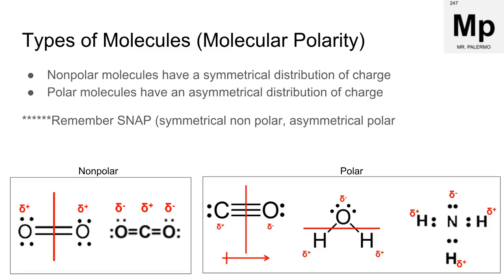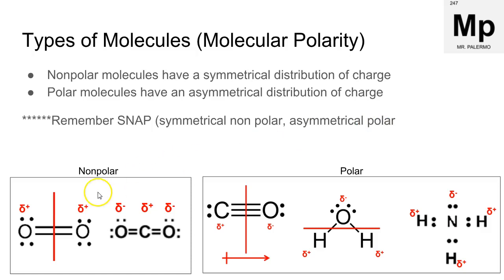So we just talked about bond polarity, the polarity of the bond between atoms, as in the case here. Now we're going to look at molecular polarity, which is the polarity of the entire molecule, and that focuses on symmetry. Nonpolar molecules have a symmetrical distribution of charge, as in the examples here, and polar molecules have an asymmetrical distribution of charge, as we can see here. The acronym we use was SNAP: symmetrical nonpolar, asymmetrical polar.